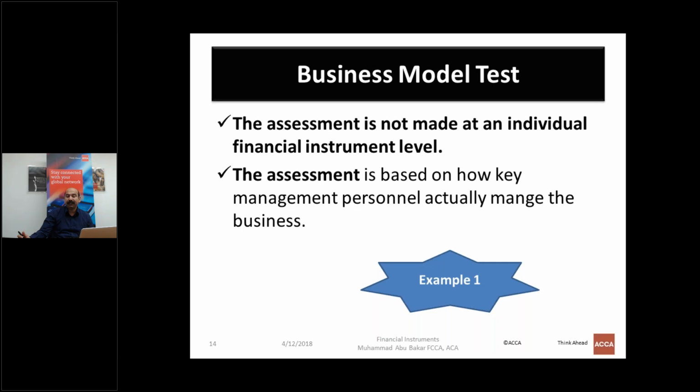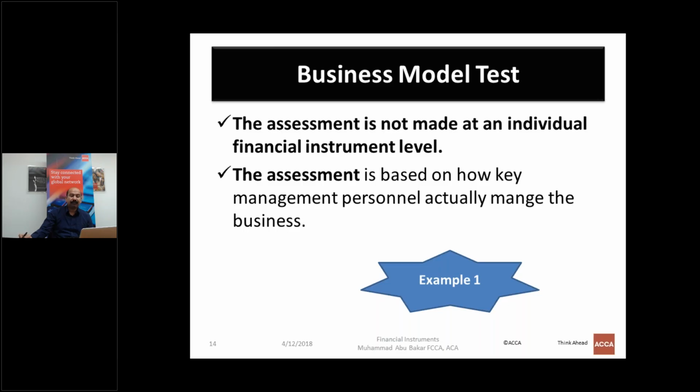And it would be appropriate for entities like these to carry out the assessment for classification purposes at portfolio level rather than at entity level. Treat each portfolio separately. If you are holding a portfolio to collect the contractual cash flows, then those financial assets will be measured at amortized cost.